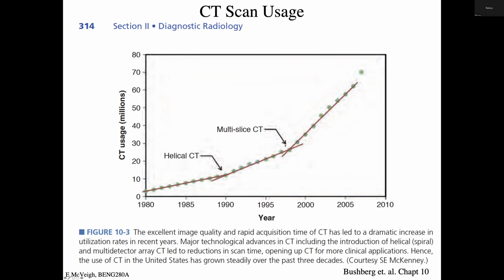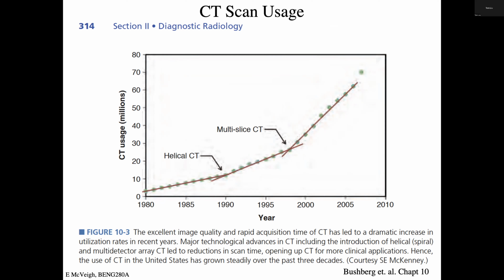Then they started putting multiple slices together. The first was a scanner that had 4 slices, then 8, then 16, then 32. The VCT, the GE scanner that had 64 slices, became the best-selling medical imaging piece of equipment ever, because it was so useful.